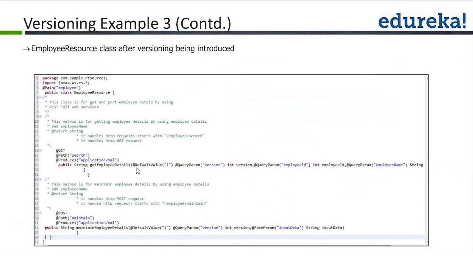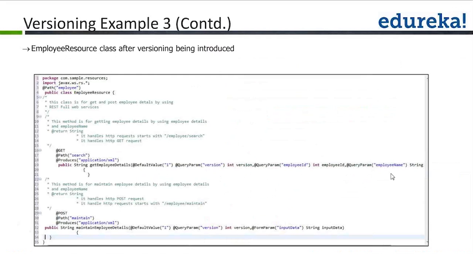Now since there are two versions, the client will have to send the version. This query param is a version number coming from the request in the URL itself, and the default value of this version is considered to be 1. So it is assumed that the new version is version 2, and the old version is considered to be version 1 by itself.